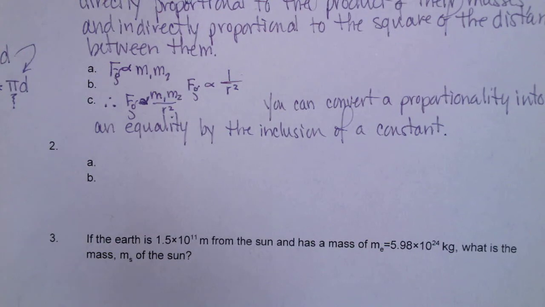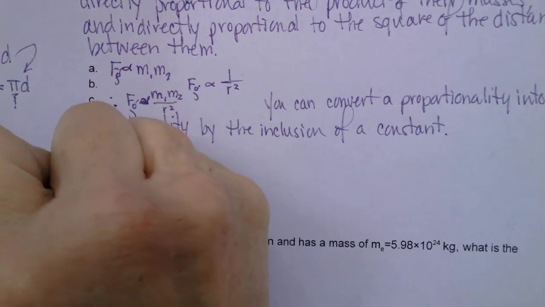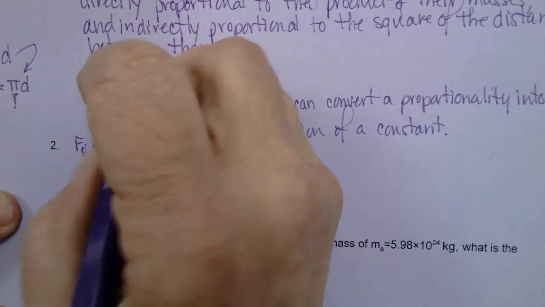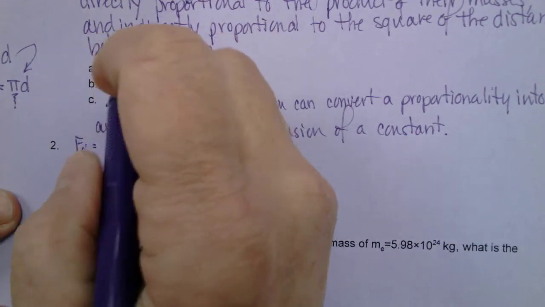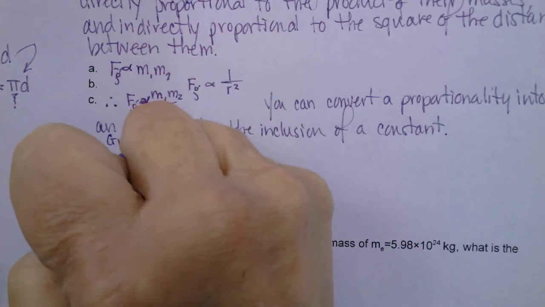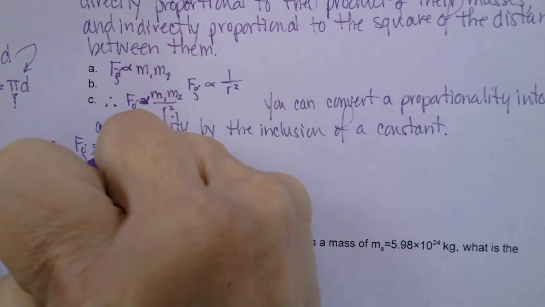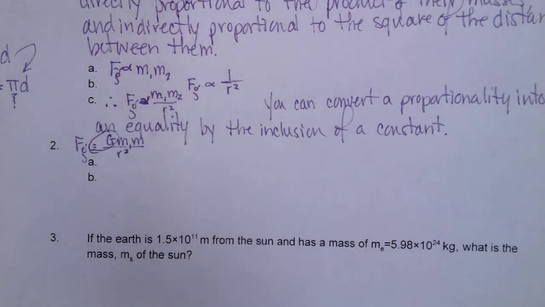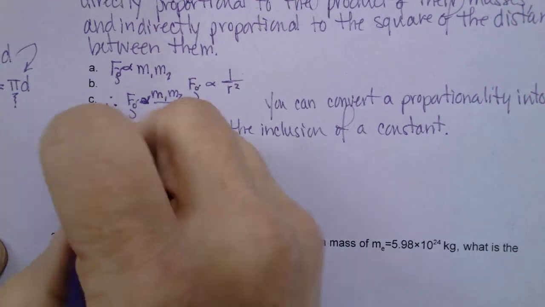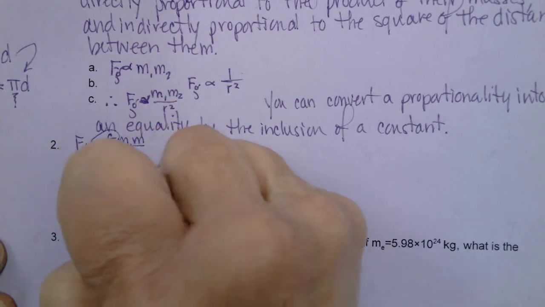So now what I need to do is find the constant that relates the force of gravity to the masses and to the distances between them. The formula is going to be F sub g is equal to capital G, and that is my constant, m1, m2 all over r squared. So the only difference to make it into an equality was putting in capital letter G. Capital letter G is called universal.